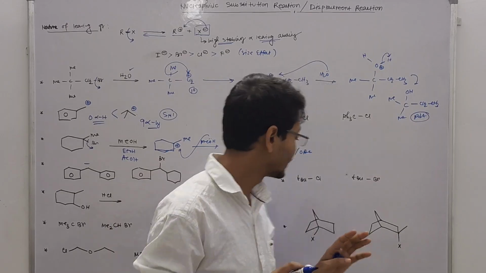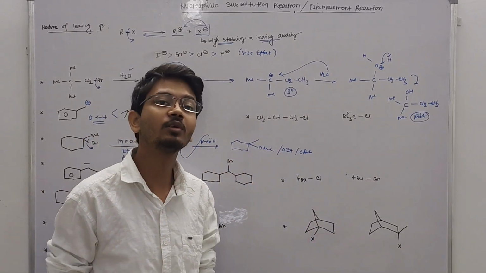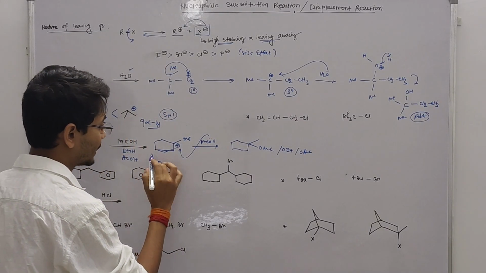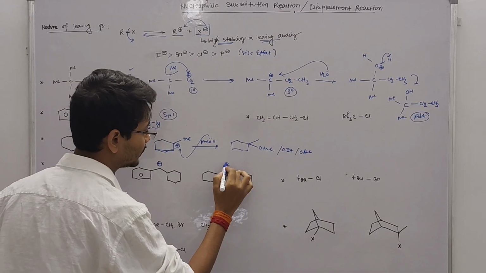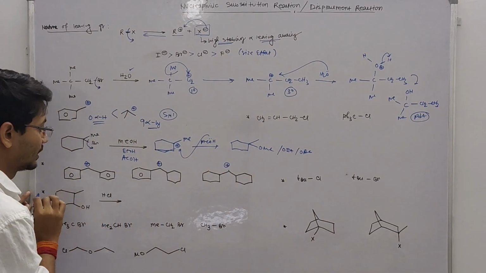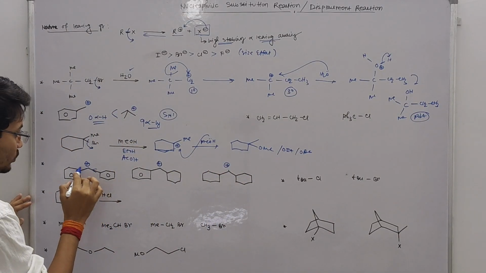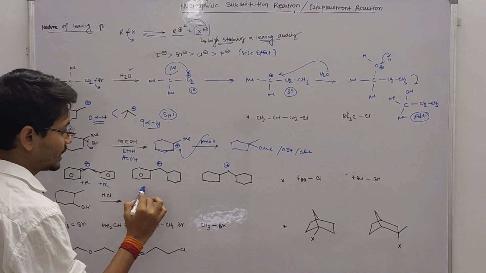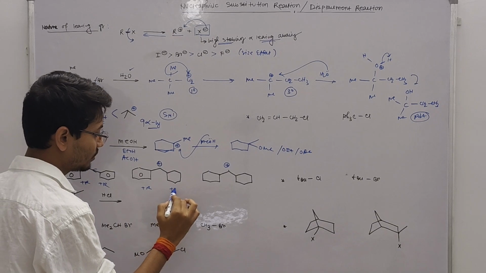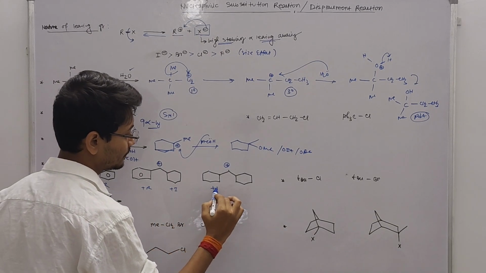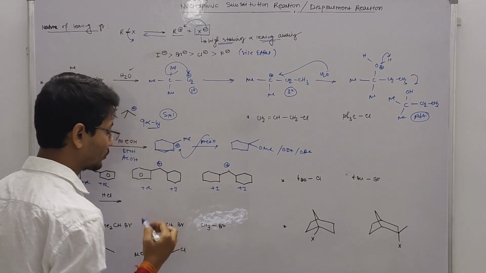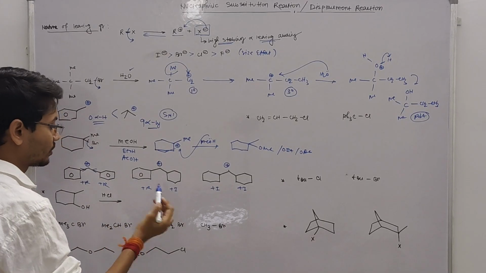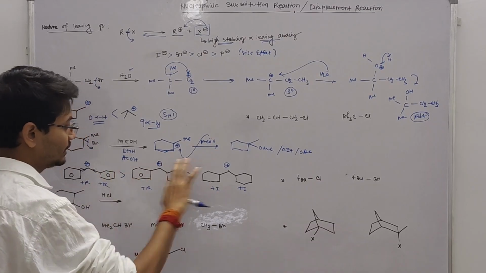If the carbocation is not stable, it will not undergo SN1. It's as simple as that. This is resonance stabilized with plus R, while here there is only plus I. From general organic chemistry knowledge, plus R effect is more predominant compared to plus I, so that's why the stability is like this.